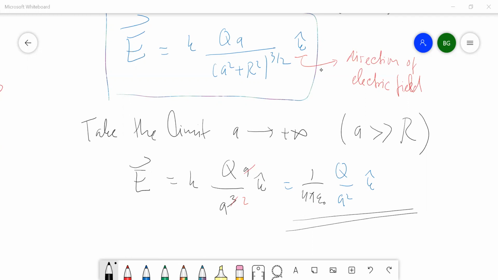Muhammad Fazal, yes, sir. Can you explain what is that? What does it mean in the underline, Q over A squared? Q over A squared means there's a charge over a specific area, sir. No. What this formula tells us.